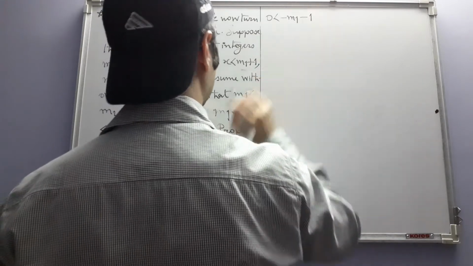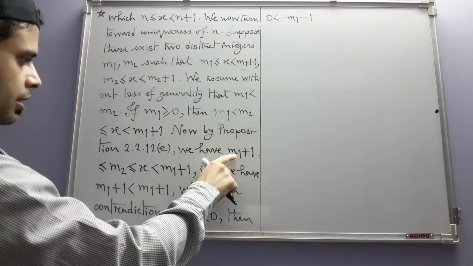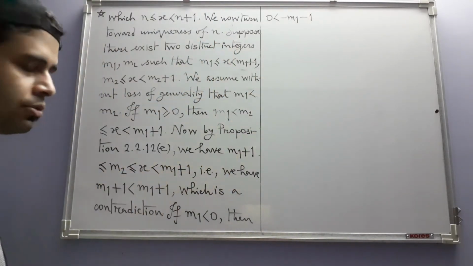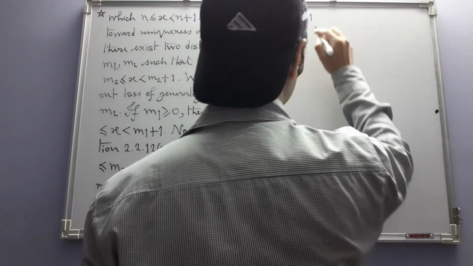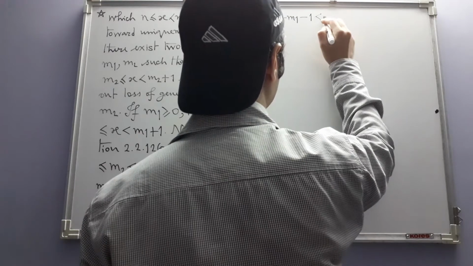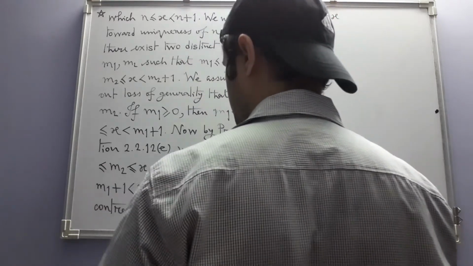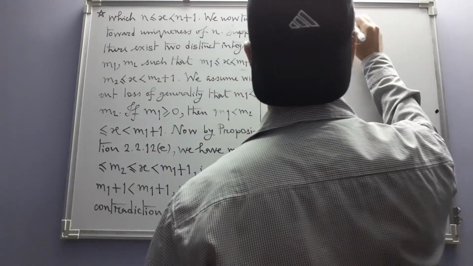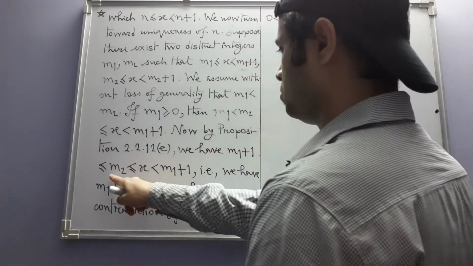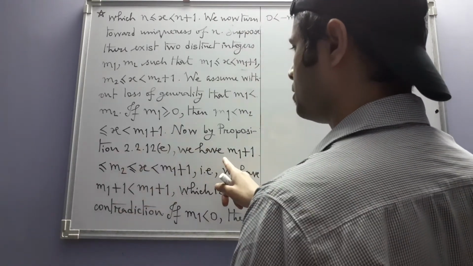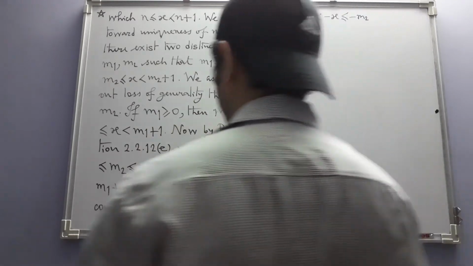Minus m1 minus 1. So here we are multiplying throughout by minus 1. So minus m1 minus 1 is strictly less than minus x, that is less than or equal to minus m2, which in turn is less than or equal to... okay, what am I writing?